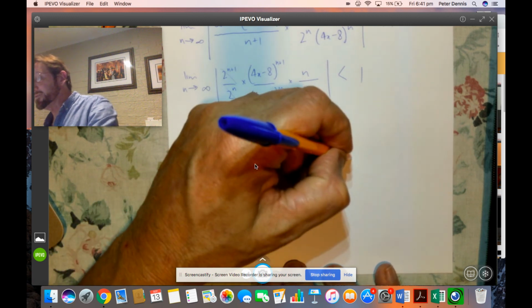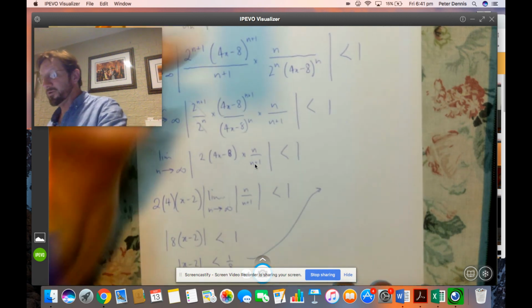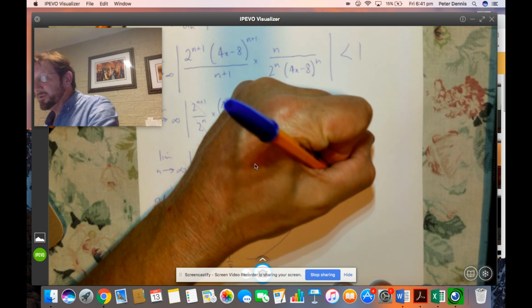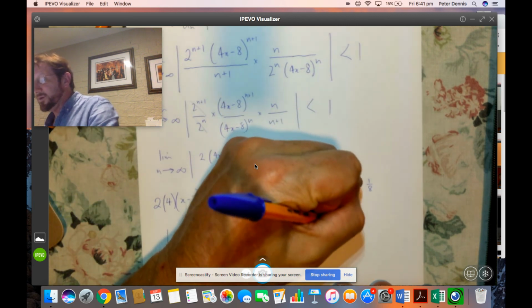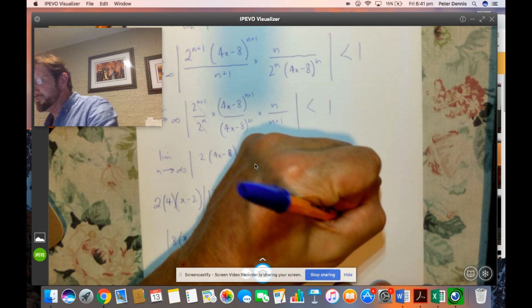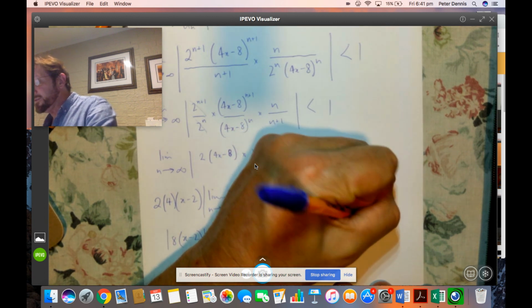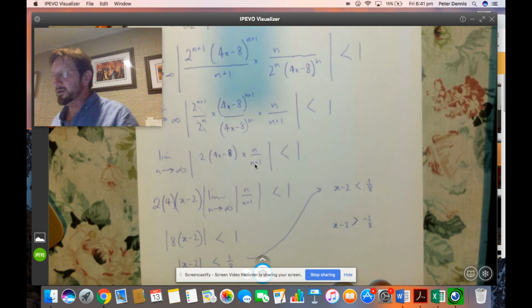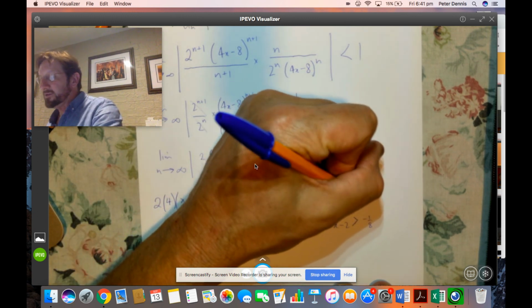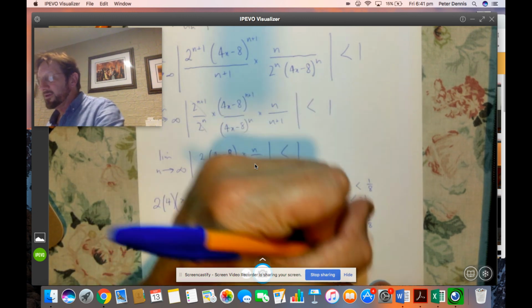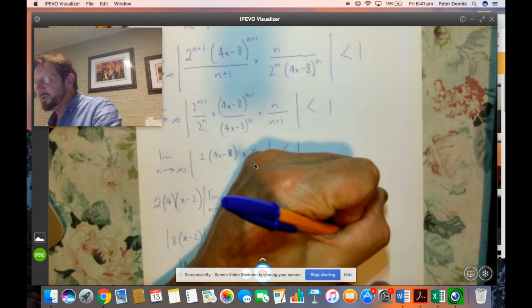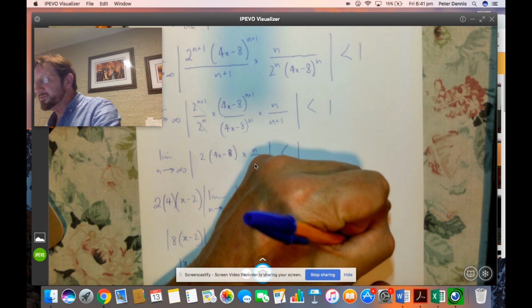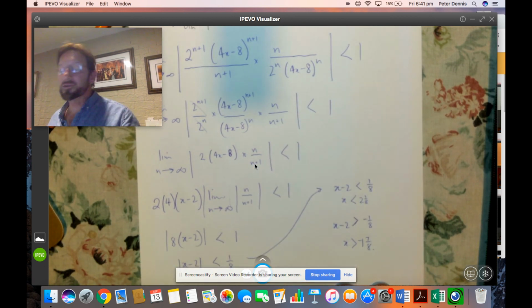So our radius of convergence, what we've got is that x minus 2 is less than the bound, and x minus 2 is greater than minus the bound. That's our radius. Okay, and that's our radius of convergence.